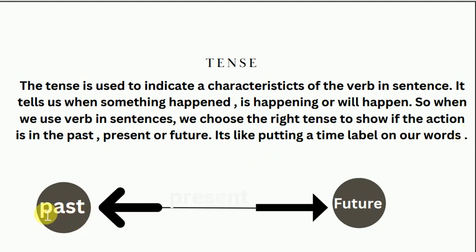Here are the three time levels, you can see on the screen. One is past, which is already gone. Here is the present.